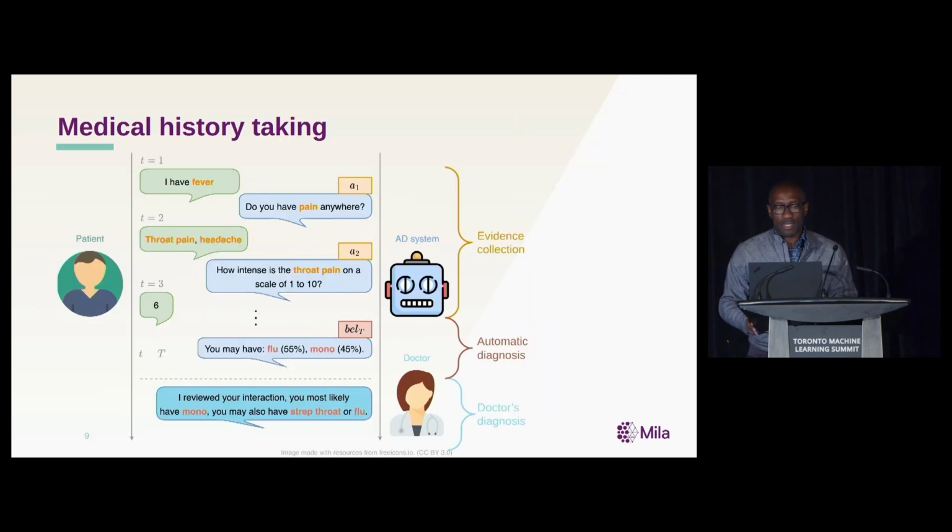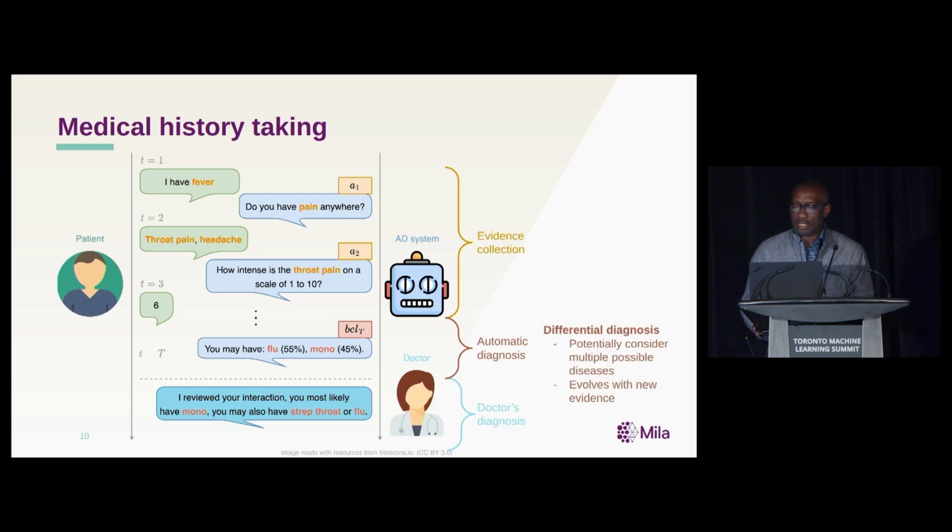Having said that, what are the characteristics that we want to get from medical history taking? The first one is differential diagnosis. Basically, when doctors interact with patients, they keep in mind, based on the evidence that they collected, a subset of pathologies that is aligned with that evidence.